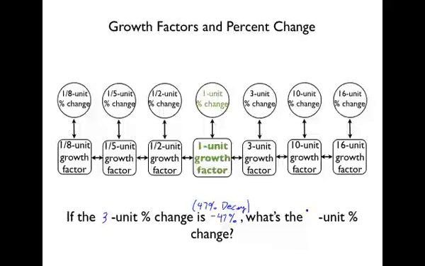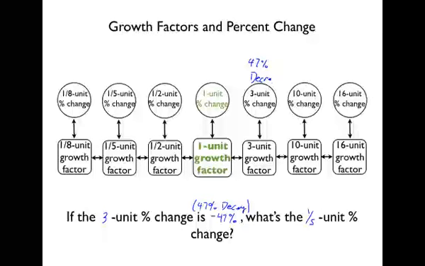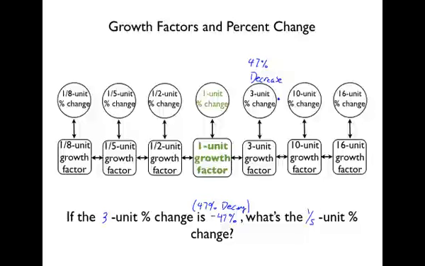What is the 1/5 unit percent change? Go. So I'm saying that this is a 47% decrease, or negative 47%. I prefer one extra stop in this trip so you don't get confused. But go for it. See if you can get it.